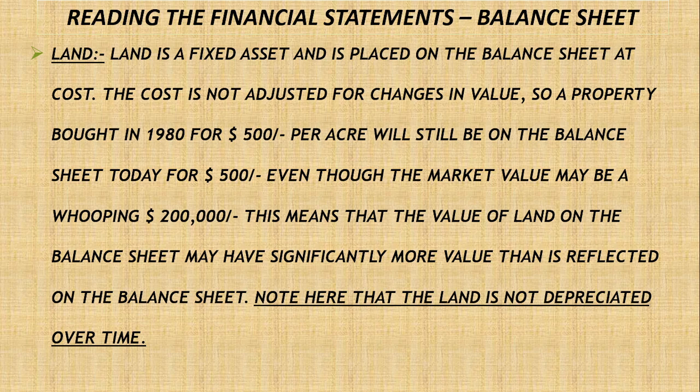This means that the value of land on the balance sheet may have significantly more value than is reflected on the balance sheet. Note here that land is not depreciated over time.